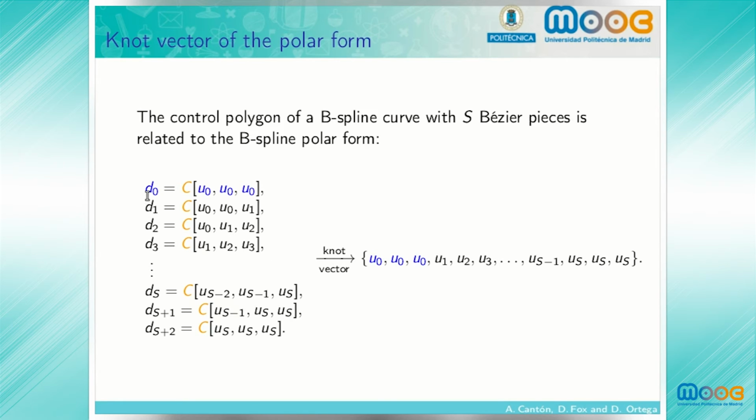D0 is the first control vertex of the B-spline control polygon and is equal to the polar form of the B-spline curve evaluated at U0 3 times. So that gives the first 3 entries to be U0. As we advance, we add new entries in the knot vector: U1 for D1, U2 for D2, U3 for D3, and so on.